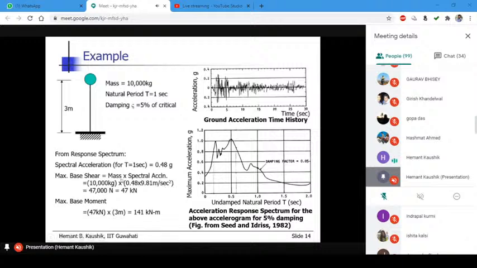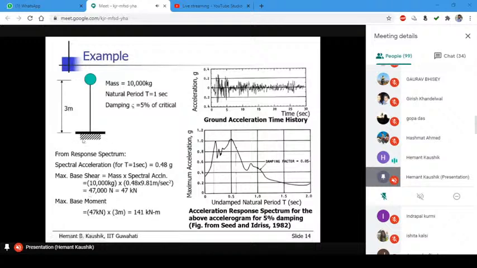Remember here you are using kg, so the force you get is in Newton. But if you use the mass in tons, then you will get the force in kilonewton. So simply multiplying this gives you about 47,000 Newton of base shear.